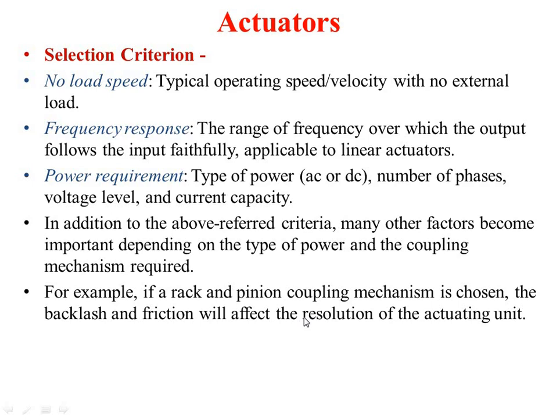Rack and pinion are actually mechanical terms, so don't worry about that, just consider that this is one kind of mechanical coupling. When you choose such a coupling, backlash and friction will take place, and that is going to affect your accuracy and actuating unit.